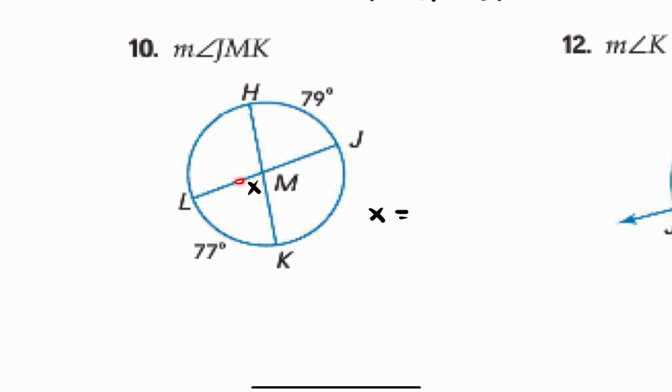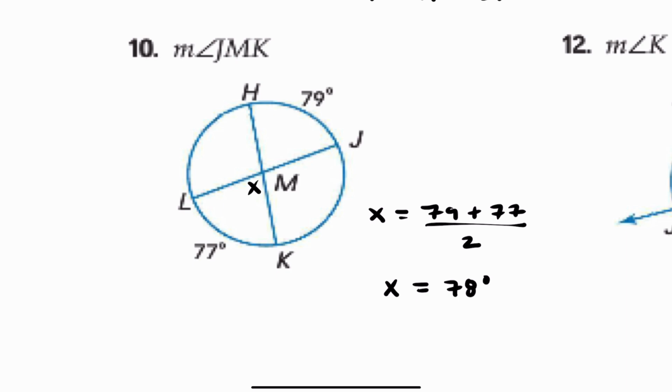So here is the angle, and if I were to go across through that angle, we're dealing with this arc and that arc, okay? So x equals 79 plus 77 all over 2. So I will do 79 plus 77, and then I divide by 2. So x equals 78 degrees, okay?